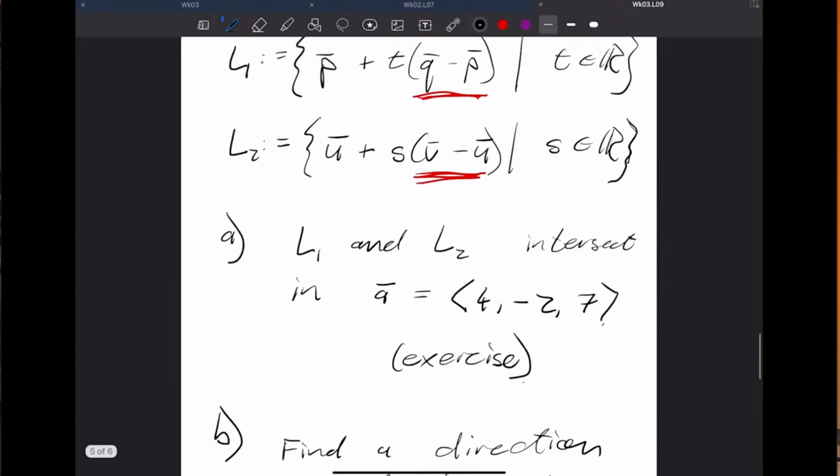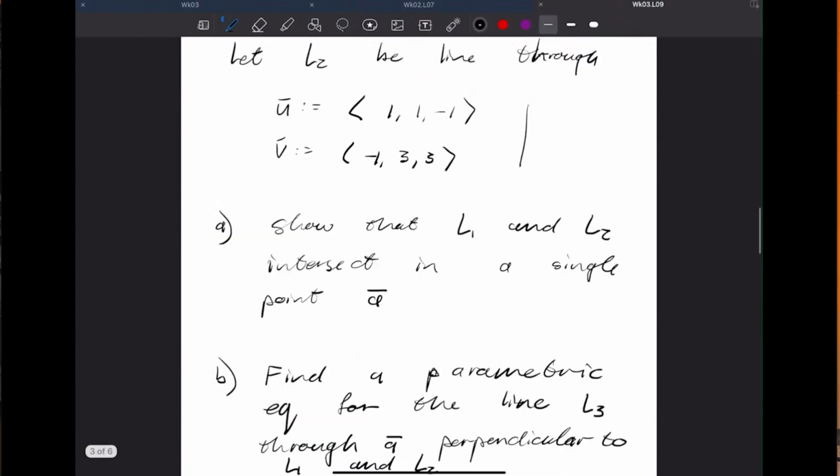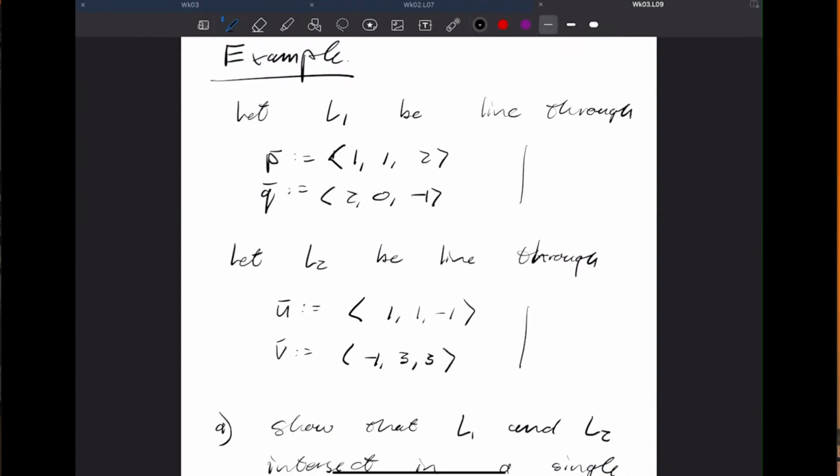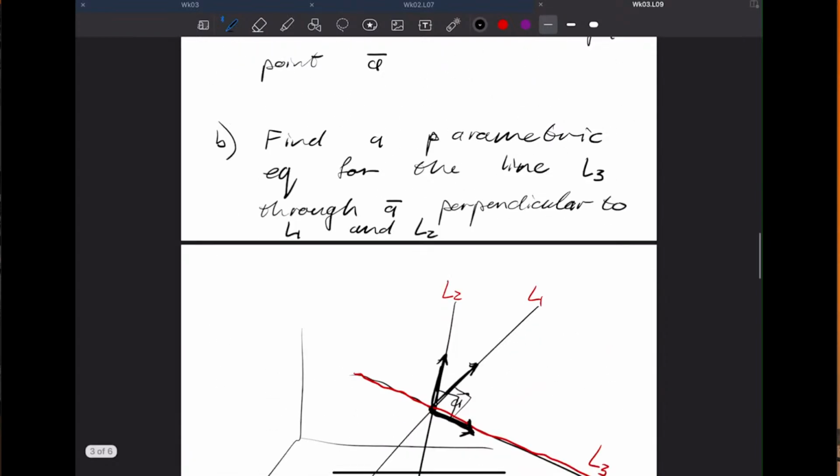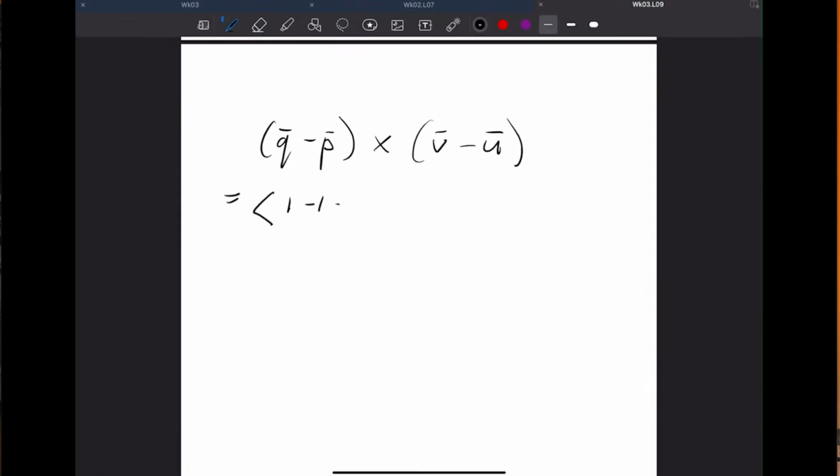What is Q minus P? Q minus P will be 2 minus 1, which is 1, 0 minus 1, which is minus 1, minus 1 minus 2 is minus 3. So (1, -1, -3), cross with V minus U, which is the vector (-2, 2, 4).